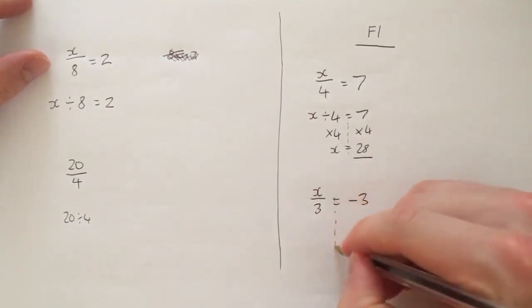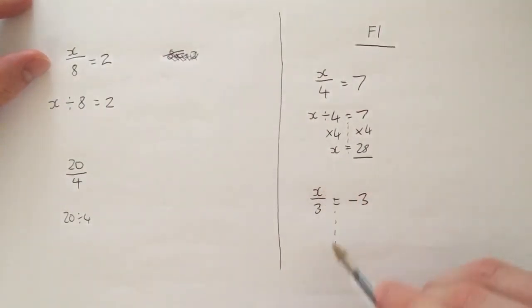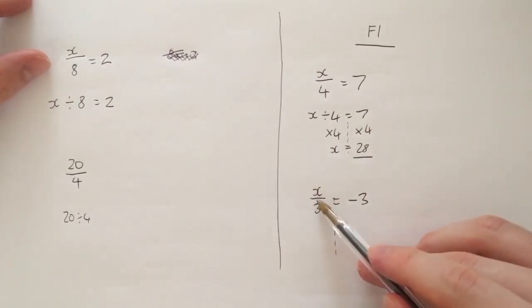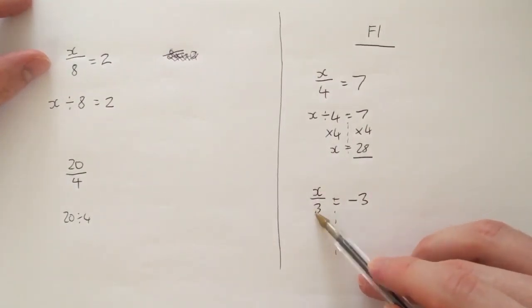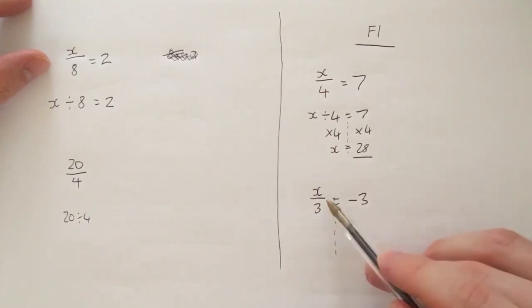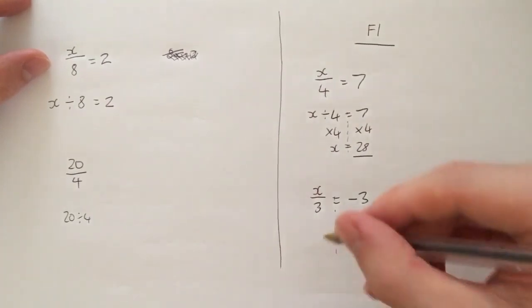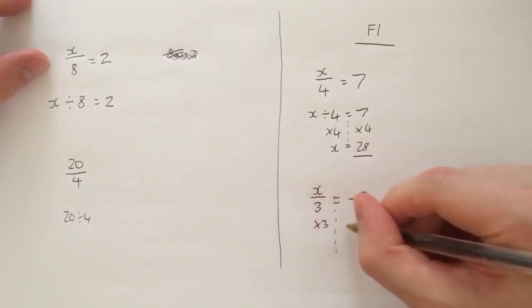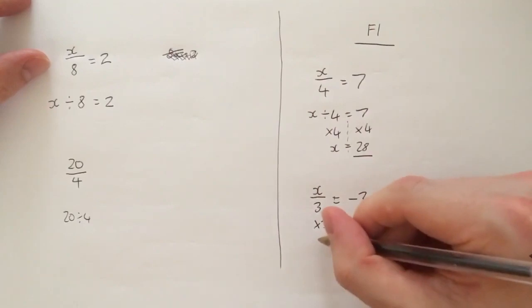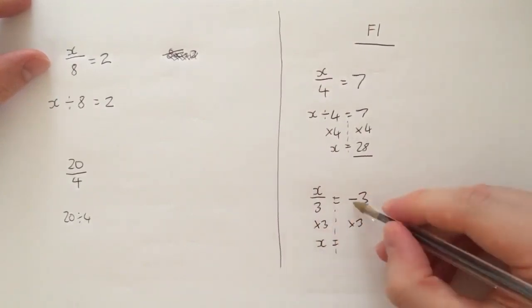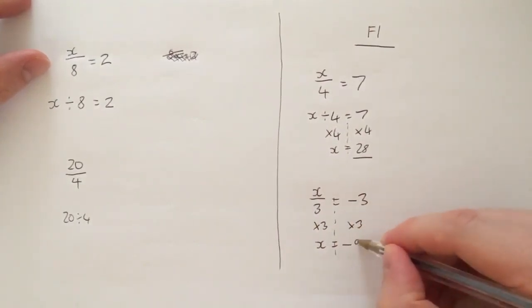To get x by itself, I look at that and say, what does it actually say? It says x divided by 3 equals negative 3. So the inverse of divided by 3 is multiplied by 3. So I'm going to times it by 3 on both sides. So x equals negative 3 times 3, which is negative 9.